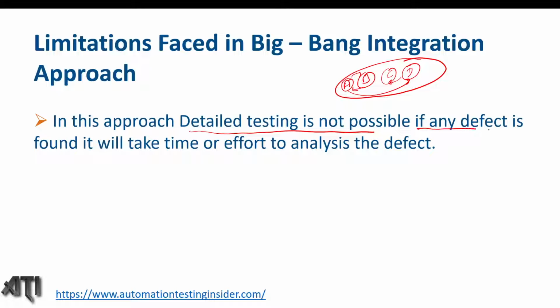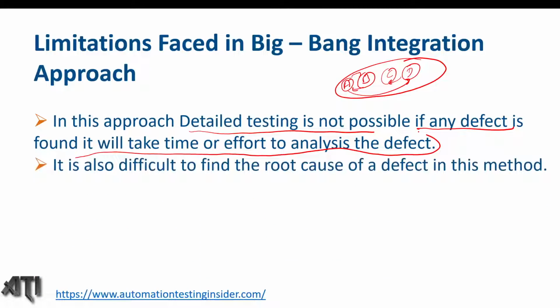If any defect is found, it will take time and effort to analyze it. It is also difficult to find the root cause of the defect in this method, because we don't know how the data flows.